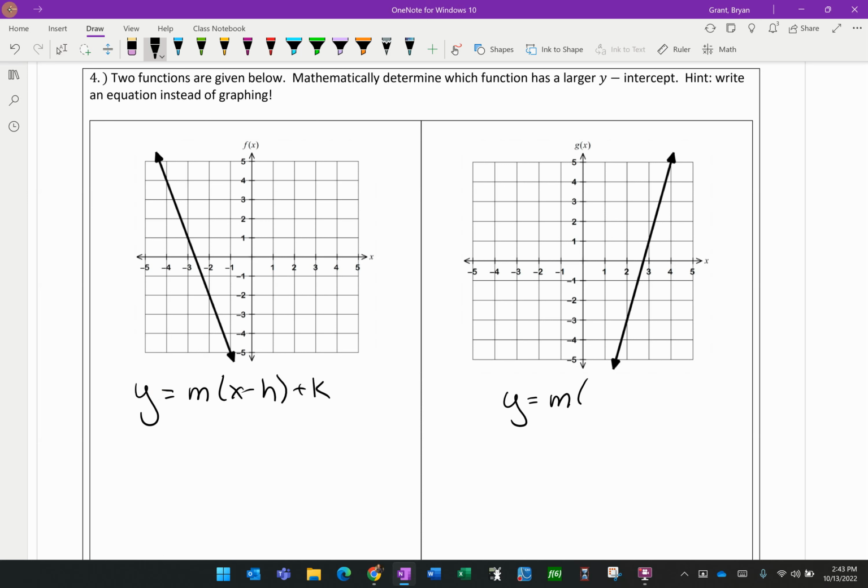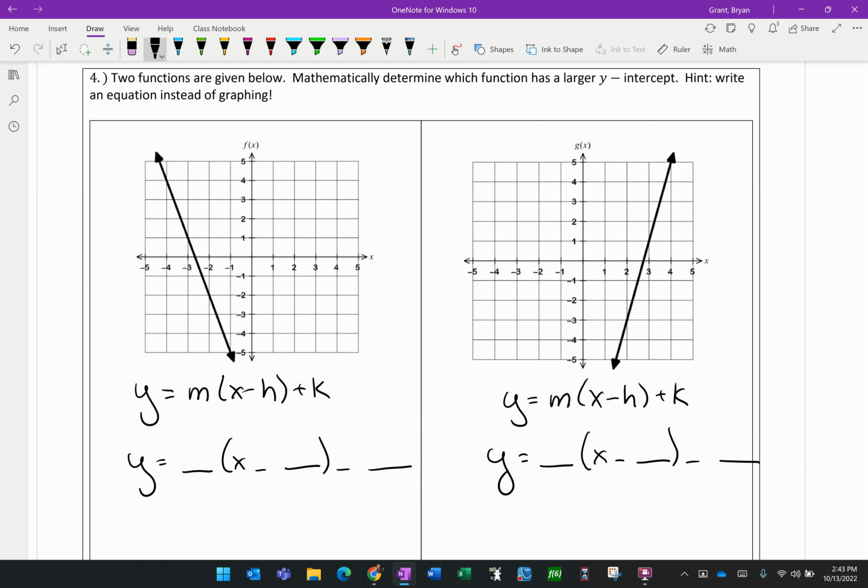We practiced doing this in 3.3 as well. So when you've got your slope and your point, you're going to have a blank, blank inside, blank outside. So go ahead, try to write an equation first. Then once you've written an equation, see if you can figure out what the y-intercept is for each equation. Ready, set, go.